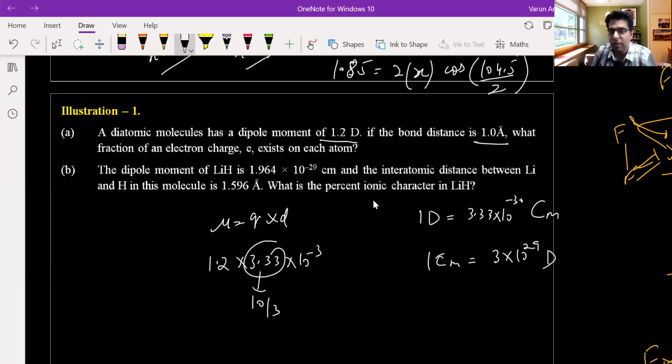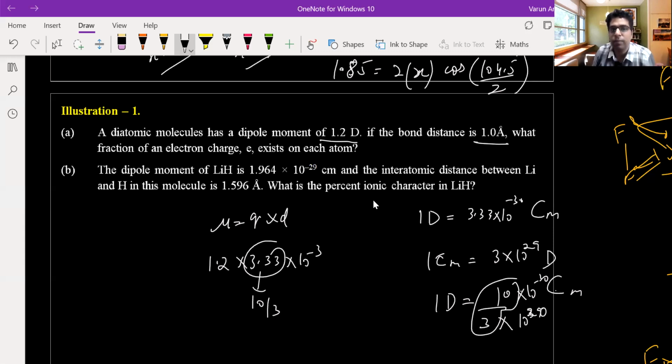So from here I can write 1 debye is equal to 1 upon 3 into 10 to the power 29 coulomb meter. I'm multiplying by 10 and this becomes 30 into 10 to the power minus 30. So 3.33 is nothing but 10 by 3, so 10 by 3 into 10 to the power minus 30.